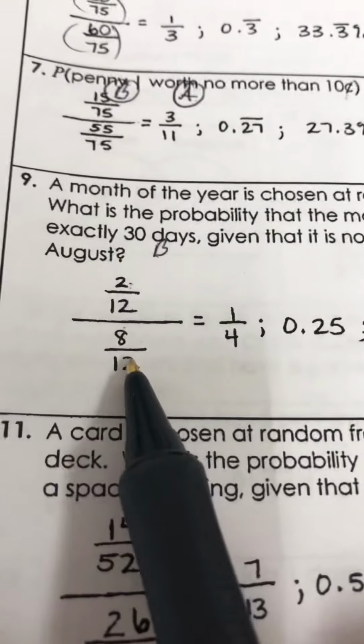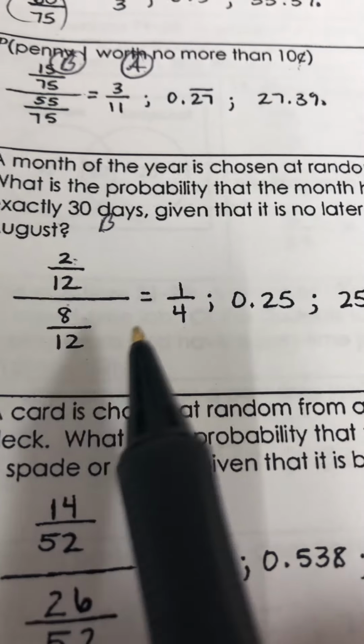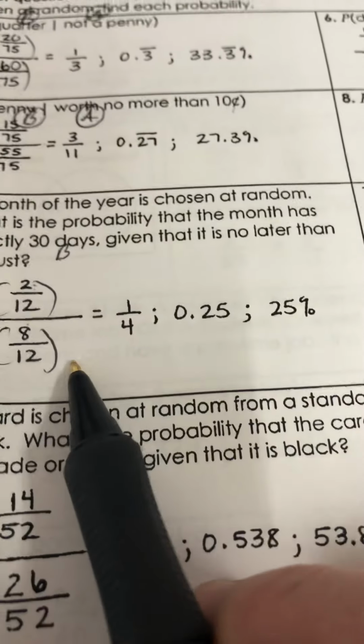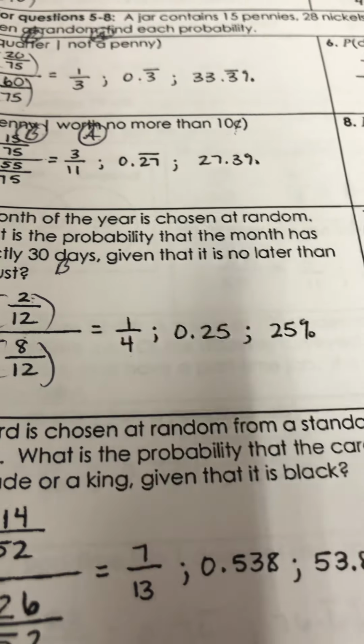So we got those. So that's going to be your 8 out of your 12. And you're just going to take these, once again, put these in parentheses and put in your calculator. That's going to take you right to 0.25 or 25%.